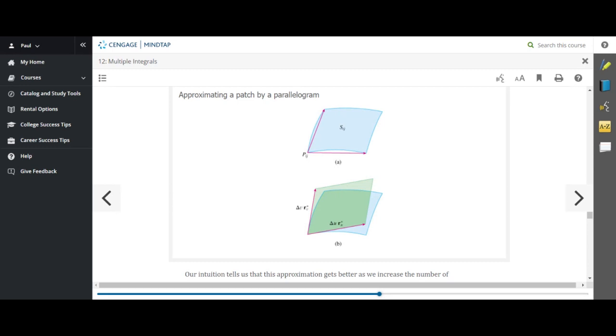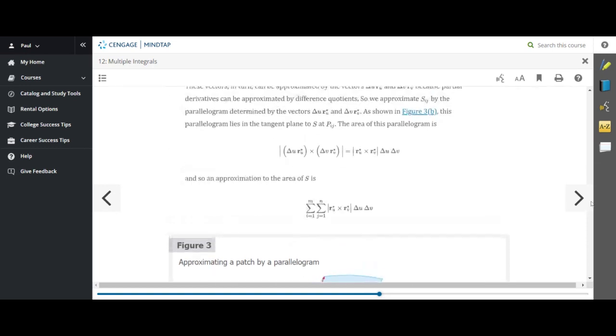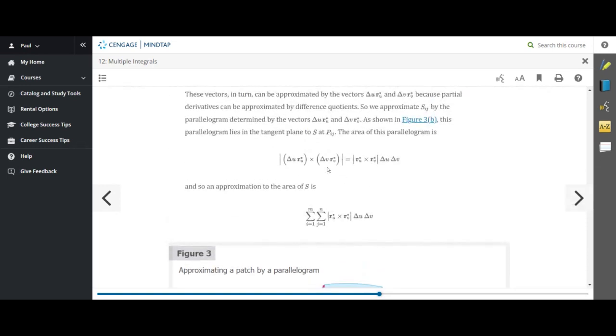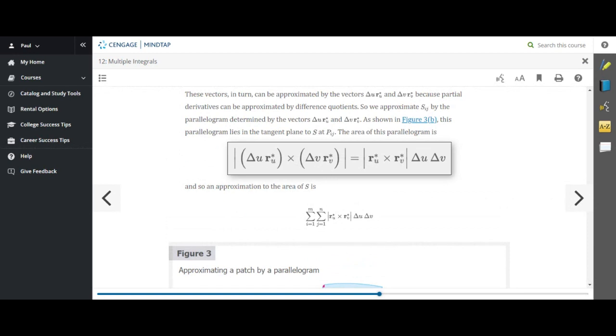The surface areas of the patches will be approximated by the area of the parallelogram. So what would the area of the parallelogram be?